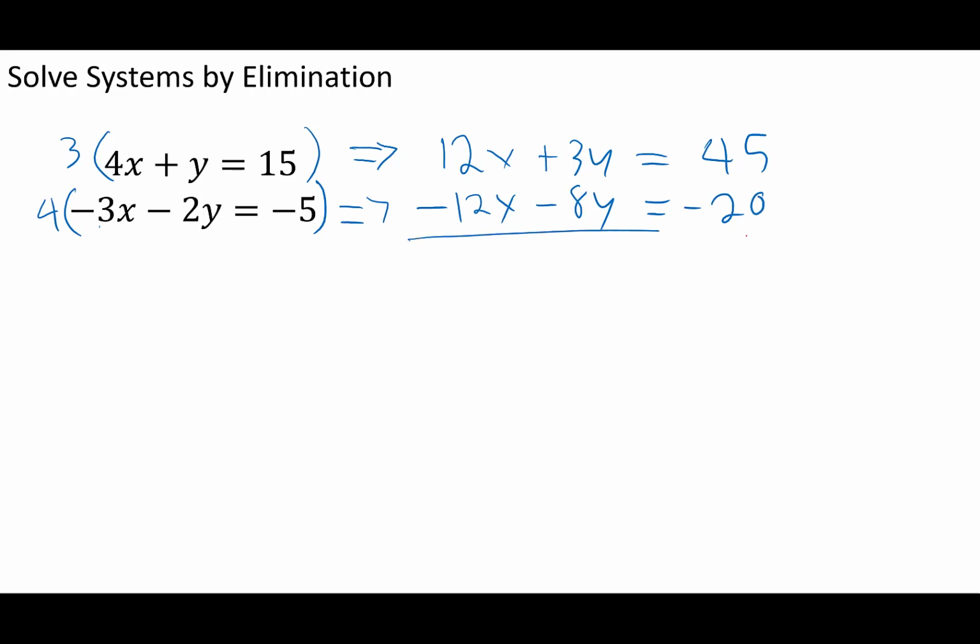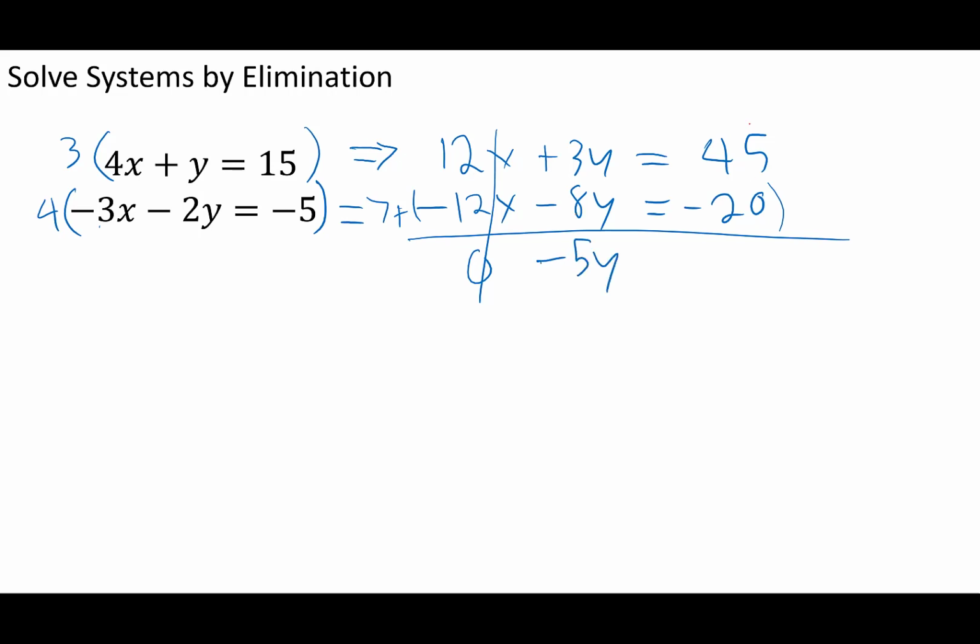Now remember, same signs subtract, opposite signs add. Since mine has opposite signs, we're adding everything. So 12 plus -12 is 0, so those canceled out, which is what I wanted. 3 plus -8 is -5y.